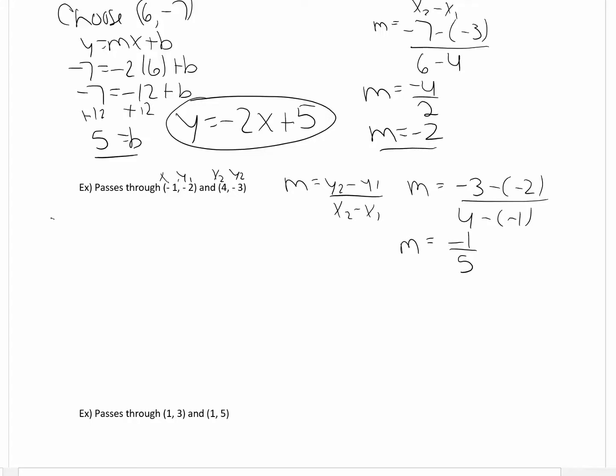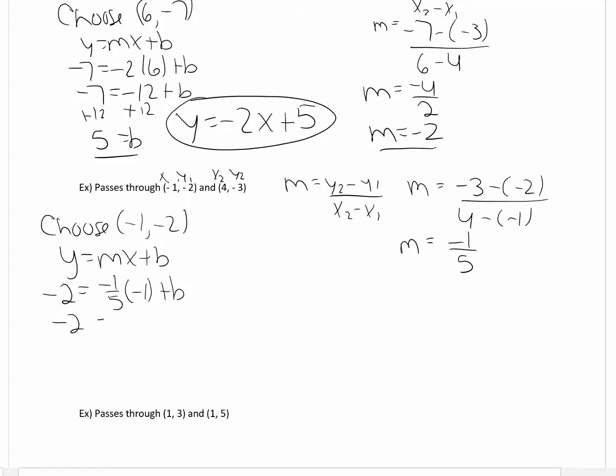In this case, I'm going to choose -1, -2. -1/5 times a -1 is a +1/5. So I'm going to multiply everything by 5 to get rid of the fraction. Again, don't forget to multiply the 5 by the b also. So we'll put that here.